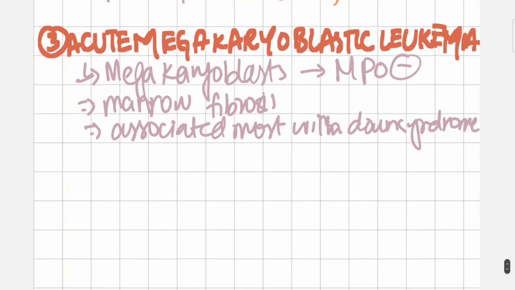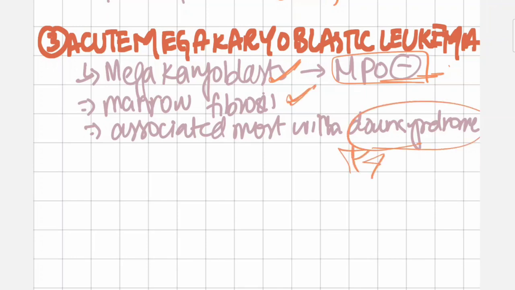Then last, we have acute megakaryoblastic leukemia. It is going to have increased megakaryoblasts, and it is again also negative for MPO. It is associated with marrow fibrosis and associated with Down syndrome. This is the form of AML most highly associated with Down syndrome. And that is it.